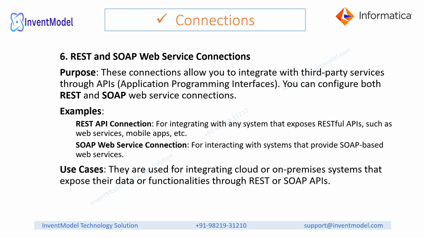For example, if you want to integrate with any system, such as web services, mobile apps, and all, in that case, you can use this REST API connection. SOAP web service connections are for interacting with systems that provide SOAP-based web services. What could be the use case for this? They are used for integrating cloud or on-premises systems that expose their data or functionality through REST and SOAP APIs.